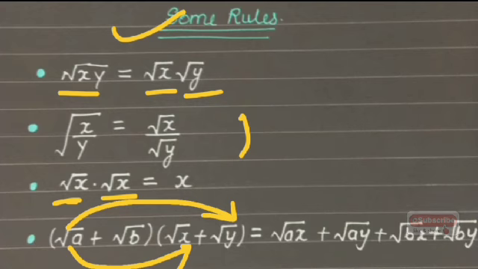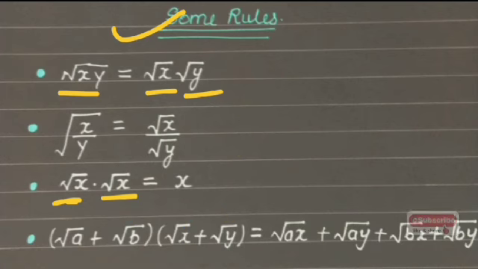Then in the next step, root b has to be multiplied by root x, and again root b is multiplied by root y, and the answer is root bx plus root by. So that is the basic rule that we have to learn, and you must know it for the basic subtraction or multiplication in these chapters.